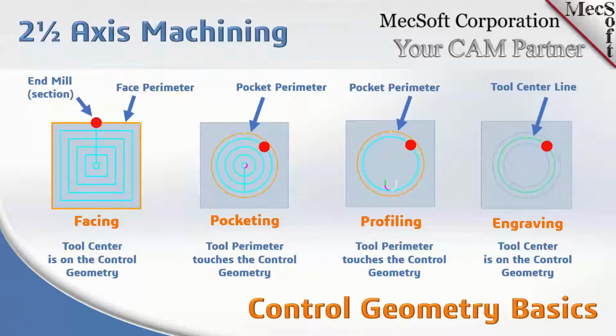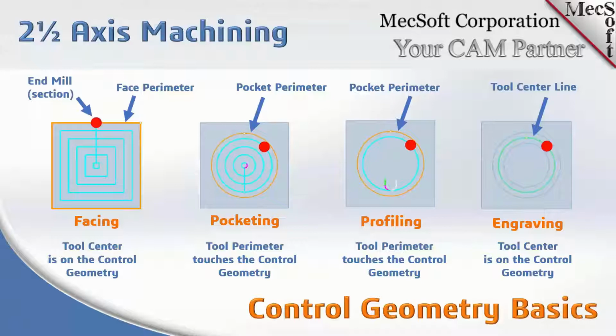So on the far left, in a facing operation, the tool center point will stop on the control geometry. So it's going to cut right up to the edge of the control geometry, and your tool is going to stop on the control geometry itself.